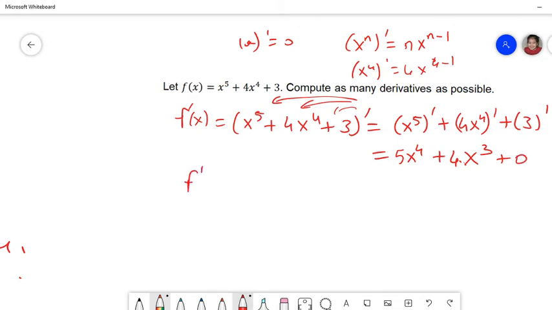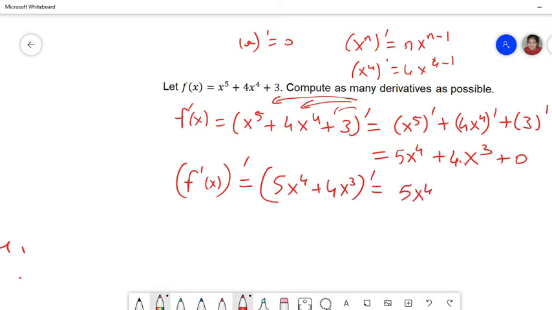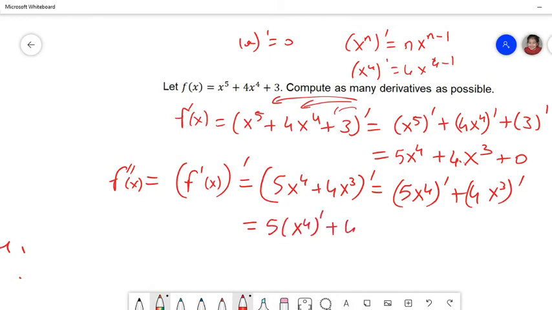So when you take the derivative of this again, this will be 5x to the fourth prime plus 4x cubed prime. Okay, I'm taking the second derivative. 5 times the x to the fourth derivative plus 4 times the x cubed derivative. So be careful here.